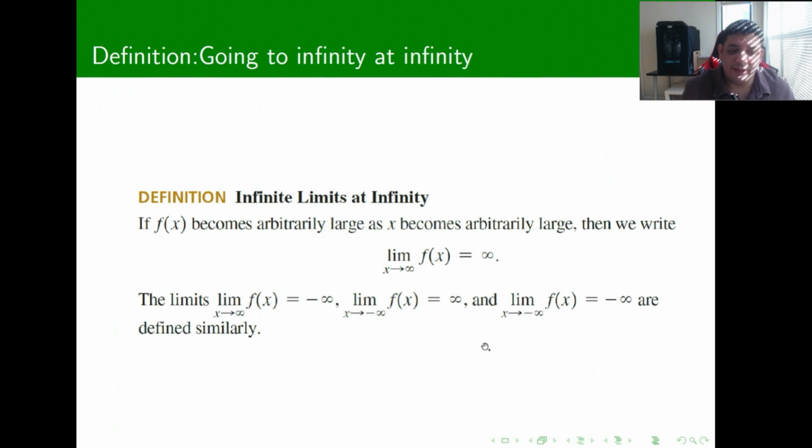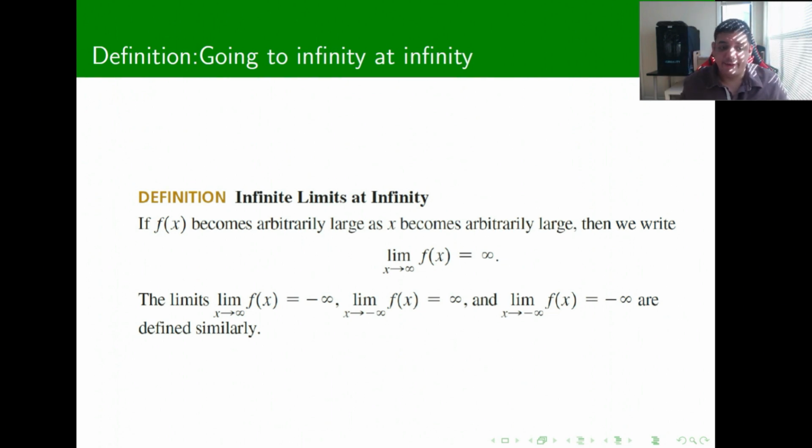Now, let's talk about infinite limits at infinity. So we talked about infinite limits before, but when we were approaching a given number, right? So we were saying, well, when x goes to 0, the function is going to infinity or to minus infinity.